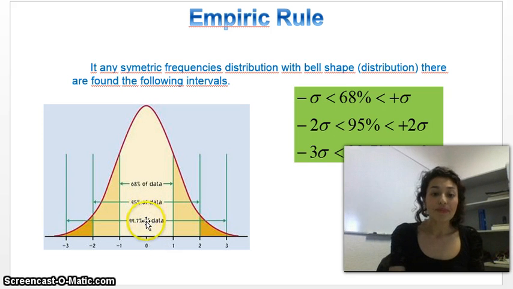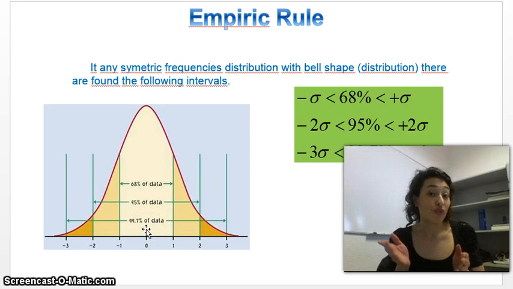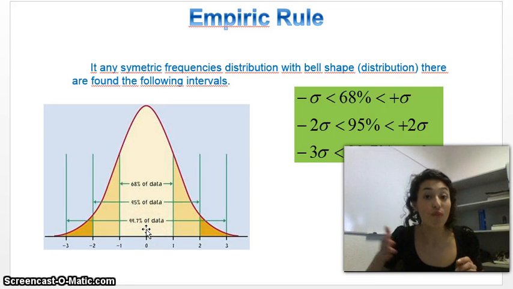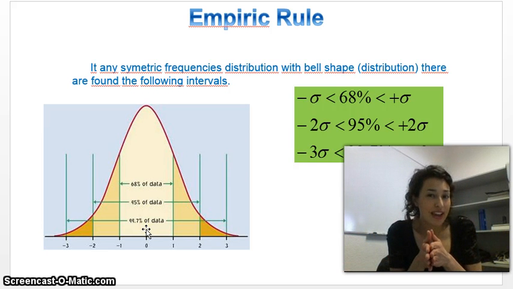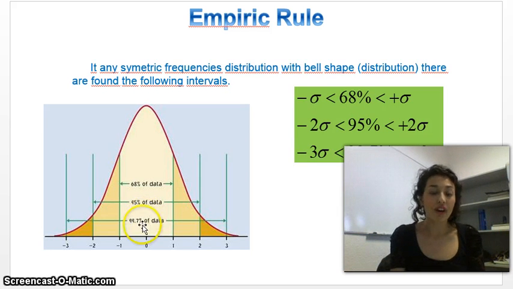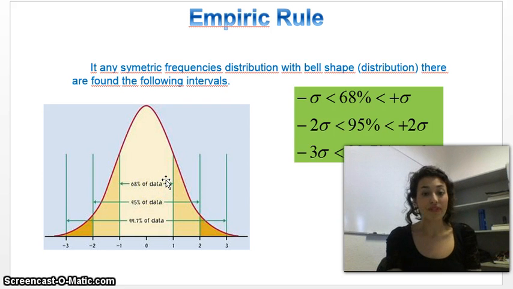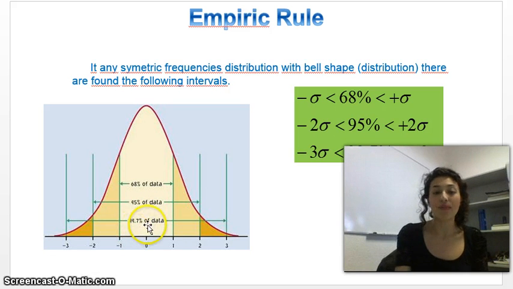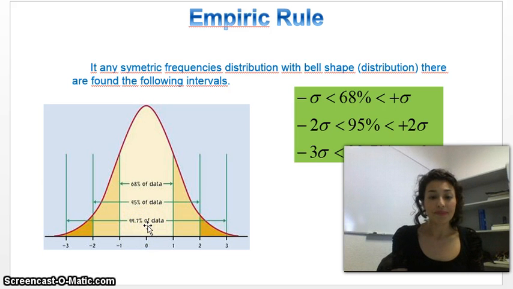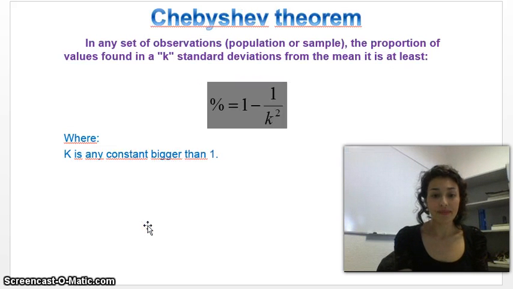As we increase the distance from the mean, you will find more data. If we are near the mean, you will not find all the data. For example, here we will only find 68% of your data. As you increase the distance, you will find 95%, until you find almost 100%, in this case 99.7%.